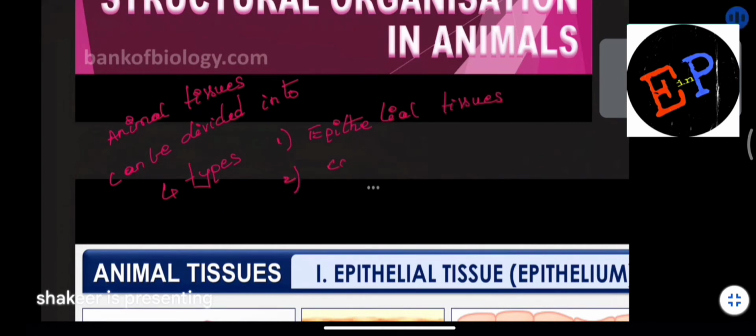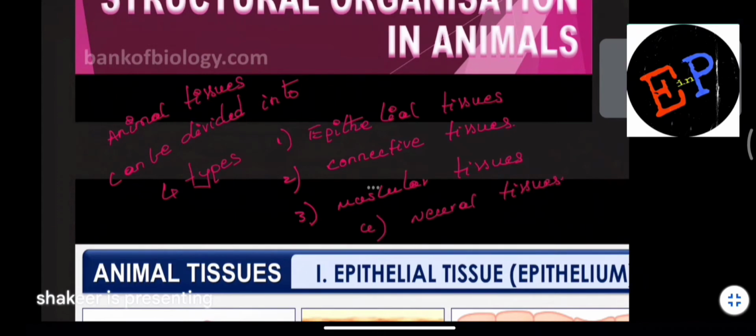Second one is called connective tissues. Clear, ma? Third one is called muscular tissues, and the fourth one is called neural tissues. Are you able to understand? So these are the four types of tissues which are present in living organisms.